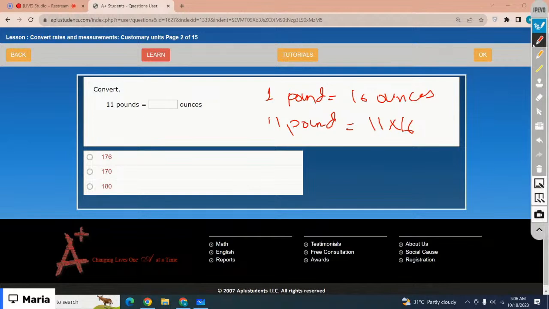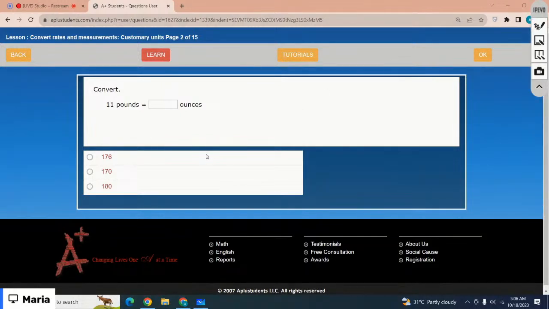Eleven times 16 is 176 ounces. The correct option is 176 ounces.